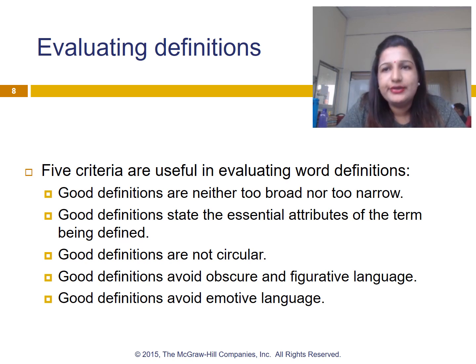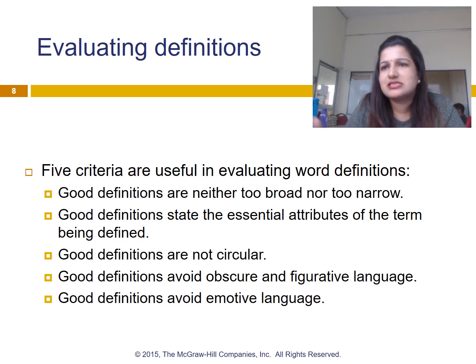Well, good definitions should definitely avoid emotive language. Okay, what do I mean by this? Emotive language, like I've said earlier, has emotions in it, feelings in it, where it could be positive or negative. So if I again ask you about the bottle, you should not say that, okay, a bottle is blah, blah, blah, and I really like the bottle.